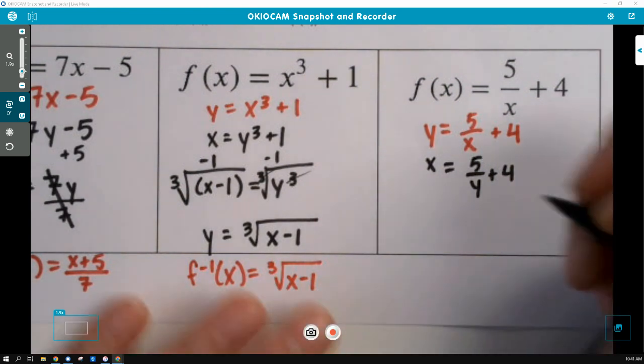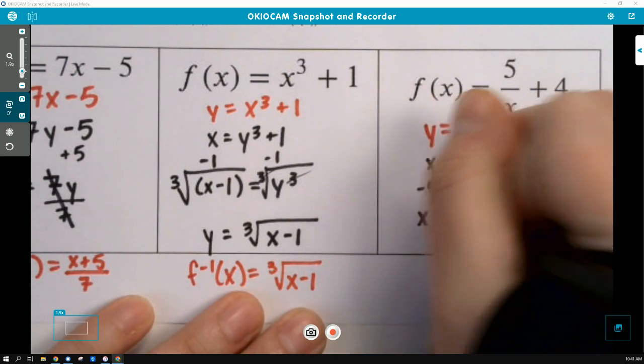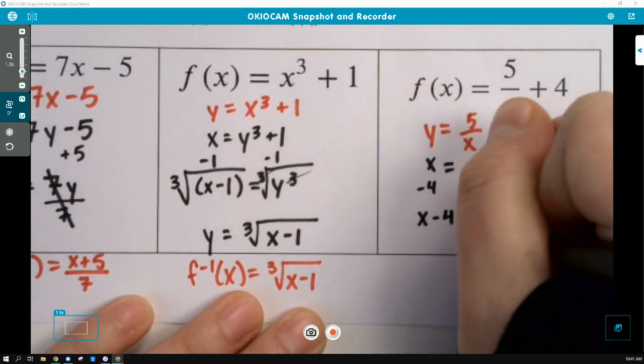We can subtract 4 from both sides. We'll have x minus 4 equals 5 over y.